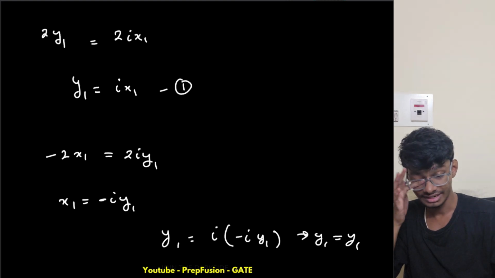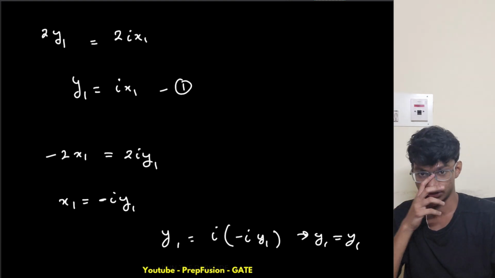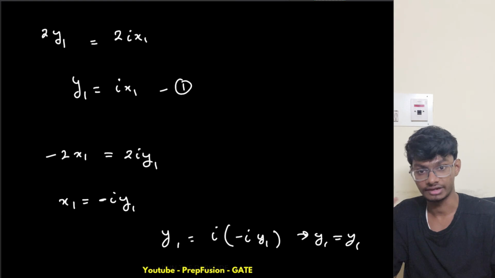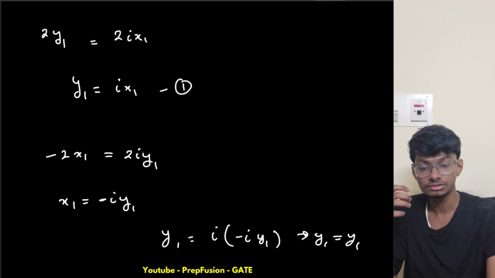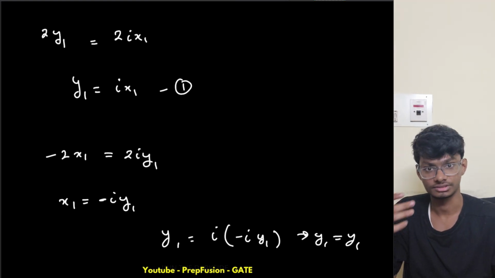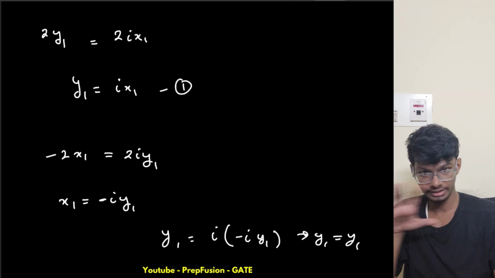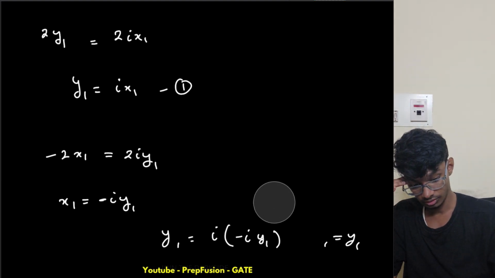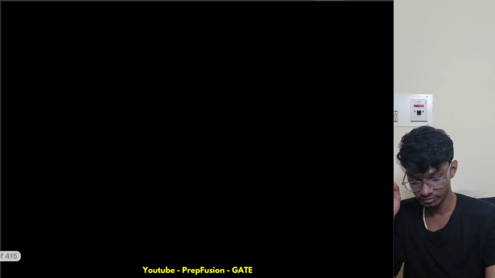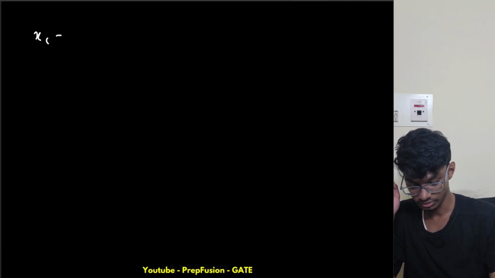The main thing is that we'll get complex eigenvectors; the real eigenvectors won't exist. So y1 can take any value.